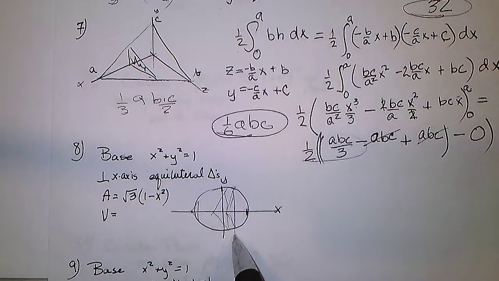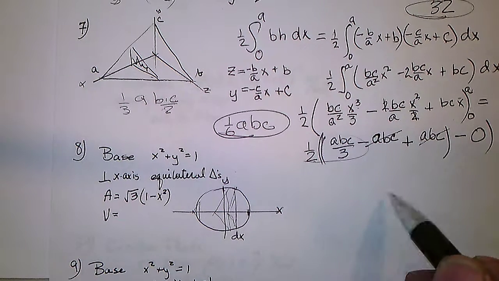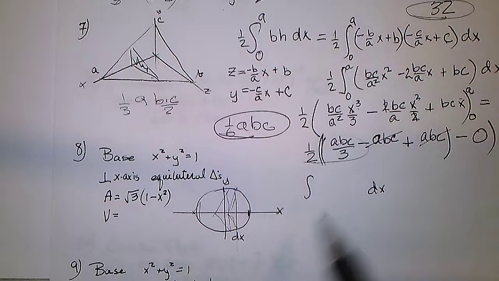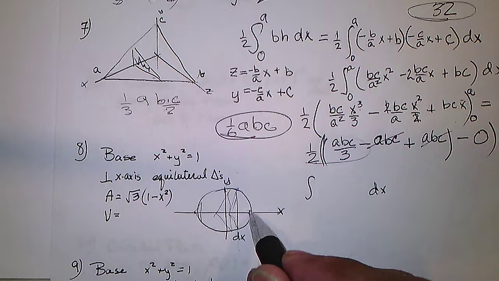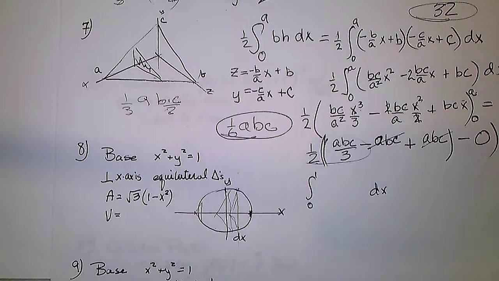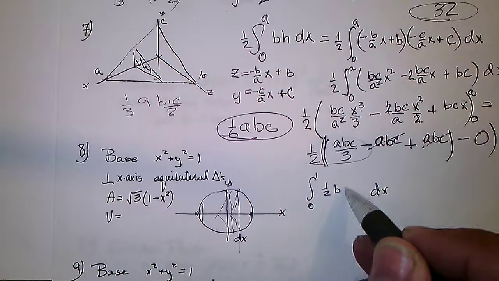The thickness is dx. I've got a picture, I've got a thickness, and my limits, since it's symmetric, I'm going to go from 0 to 1. They're triangles, so it's 1/2 base times height.